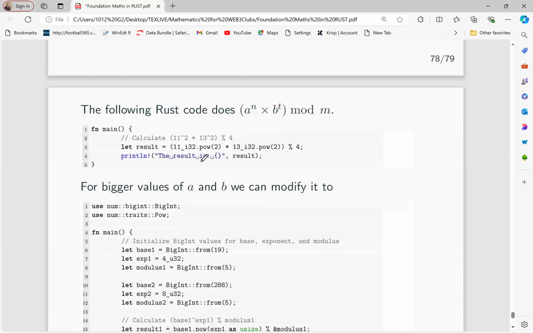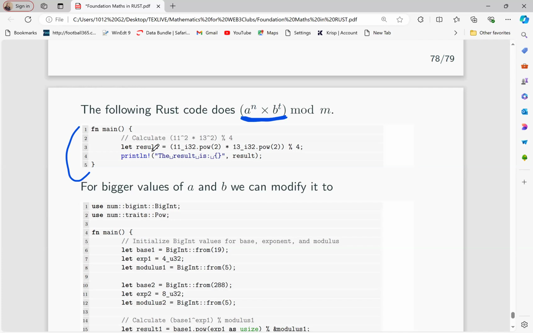If we are multiplying a raised to n times b raised to t mod m, the question is, what is the remainder when you divide this result by m? So for you to do that, a very small code just from here up to here.